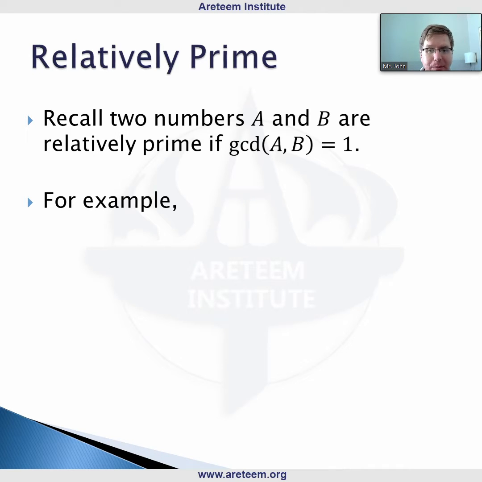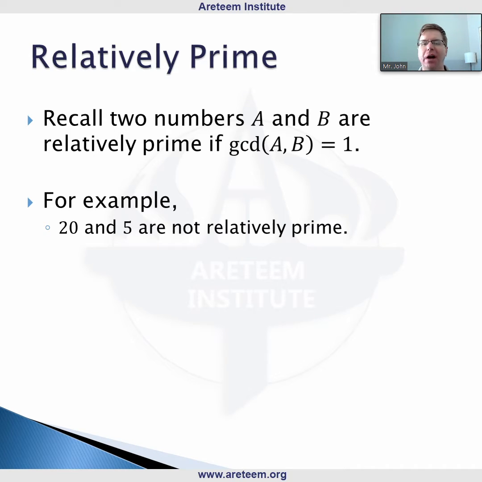As some quick examples, 20 and 5 are not relatively prime. Of course, if we have a factor of 20, it's not relatively prime with 20 itself. 9 and 20 are relatively prime. 20 is 2 squared times 5, and 9 is 3 times 3, so the only number they have in common is 1.